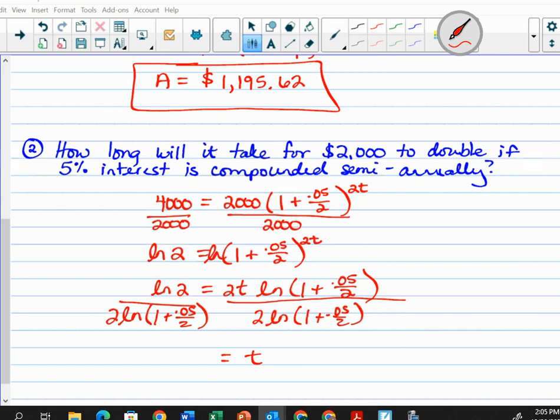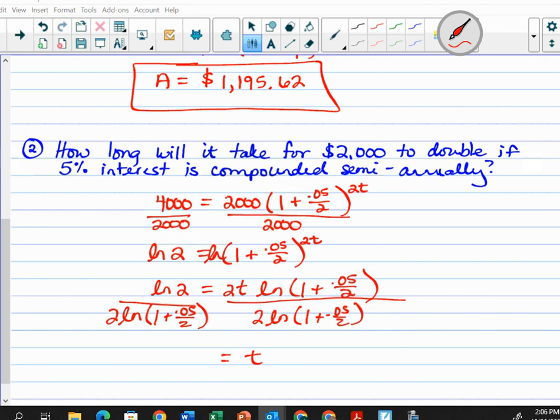Where's the natural log button? On the left side of your calculator between the 4 and 7. It's LN, right below the log button. Where is it on Desmos? I don't know on Desmos.